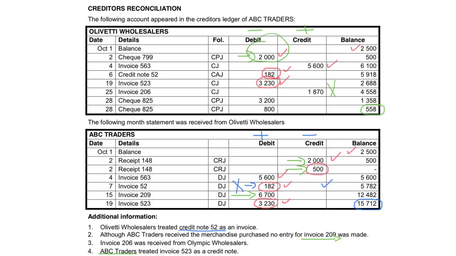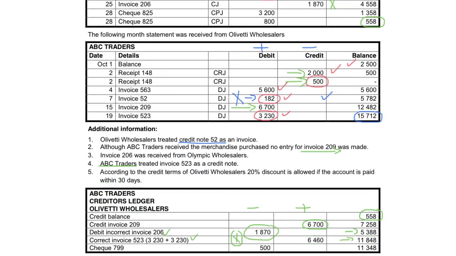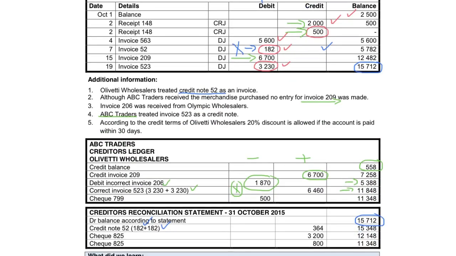So it will be corrected in the creditors ledger, and we will show that the check will reduce the outstanding debt with 500 Rand, and then we see what our new balance is, 11,348.